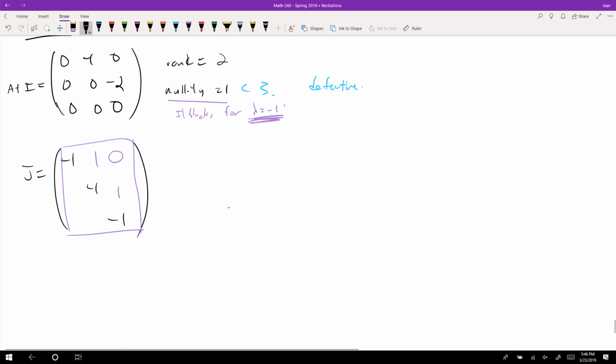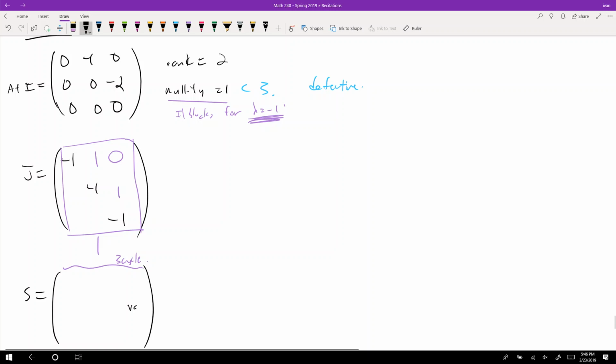Now we look at our S matrix. What does our S matrix have to be? Each block corresponds to a cycle. This block corresponds to 3 columns of S, and so this is a 3 cycle. How do we set up a 3 cycle?